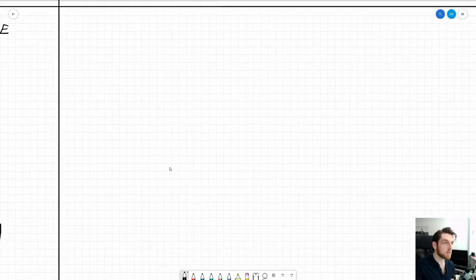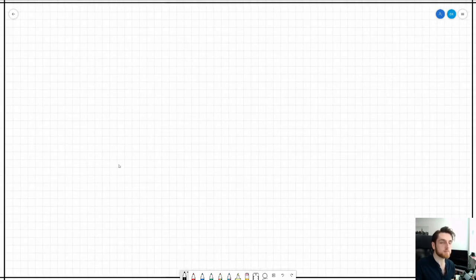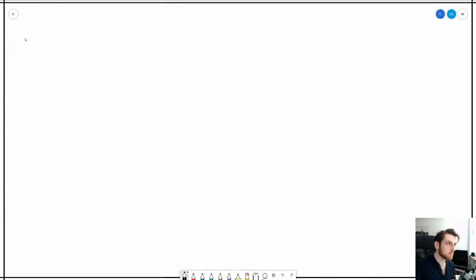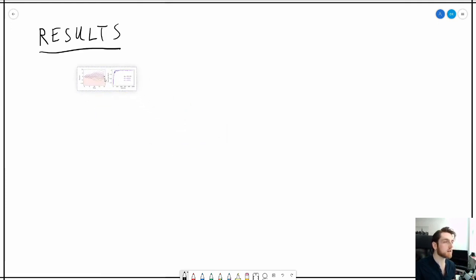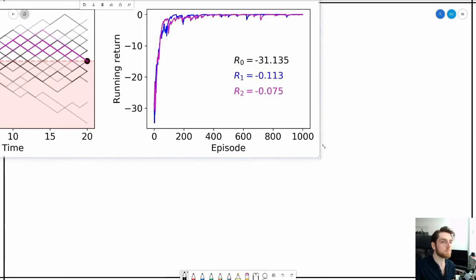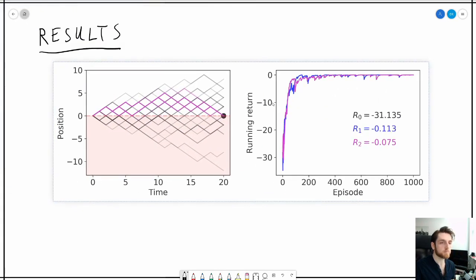Okay, so when we apply this, what we find is that it performs relatively similar to how the last algorithm did.